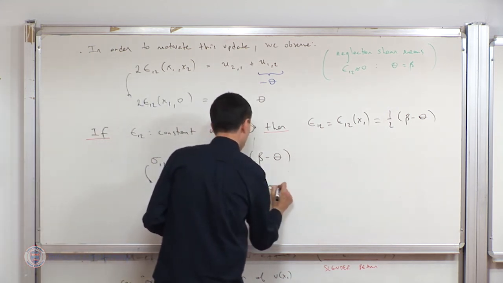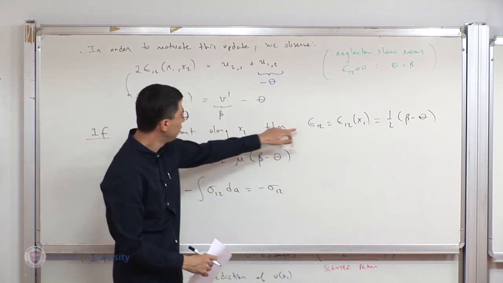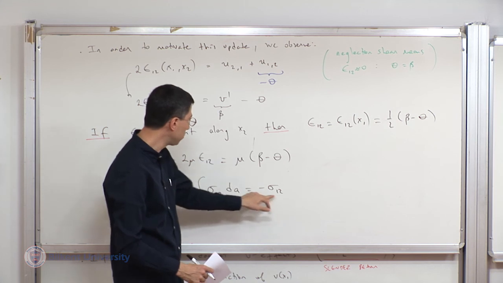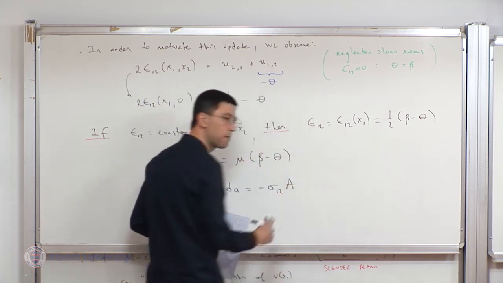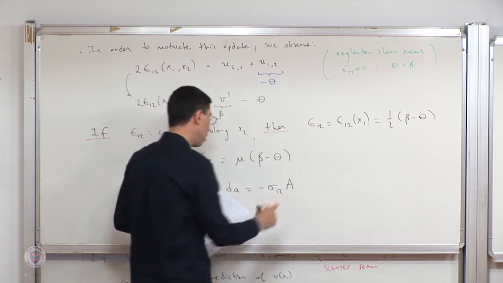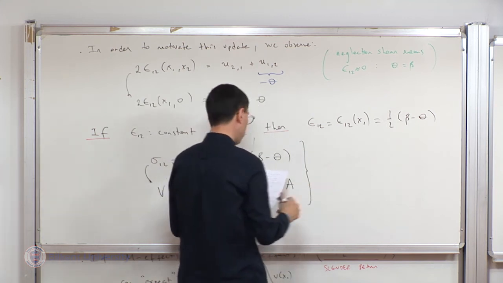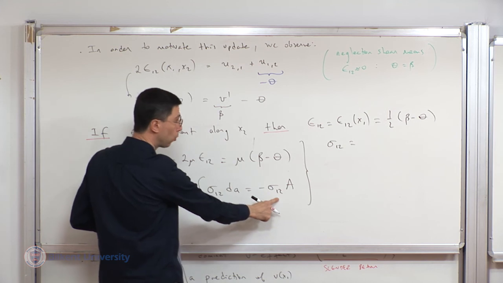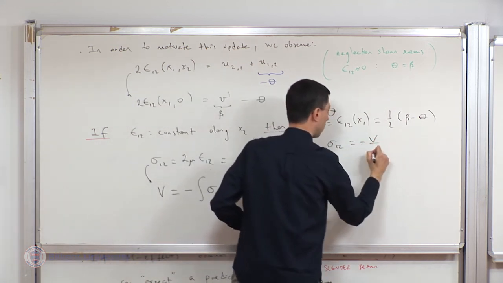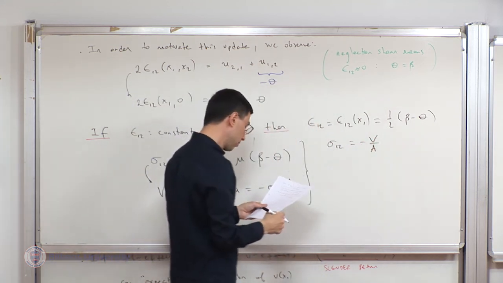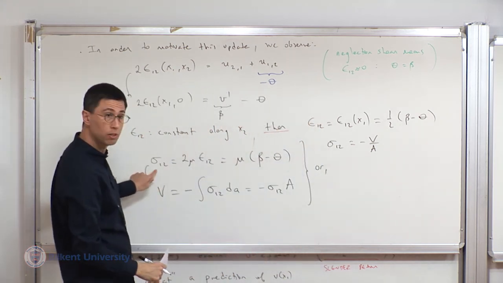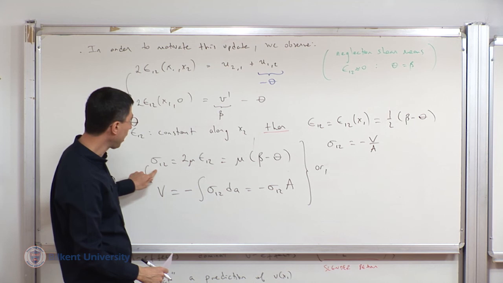And because I am assuming that the shear strain is a constant along x2, then this is simply minus sigma 1,2 times the area. So from these, I obtain that sigma 1,2 is equal to minus V over A. Okay. And now sigma 1,2 is minus V over A.